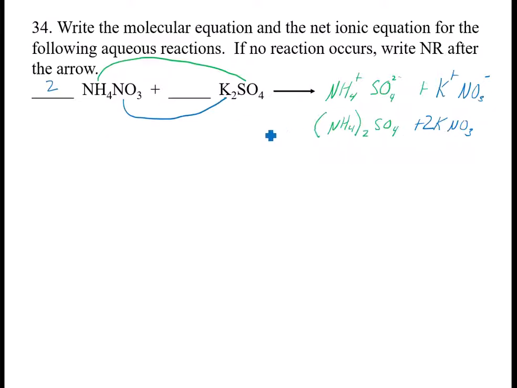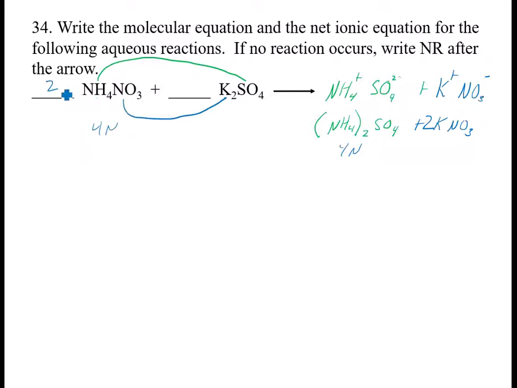Now let's see about my nitrogens. I've got 2 times 1 is 2, plus 2 times 1, so 4 nitrogens. Over here, 2 times 2 is 2 plus 2, so 4 nitrogens, so that's balanced. Sulfurs first: 1 sulfur here and 1 sulfur there.